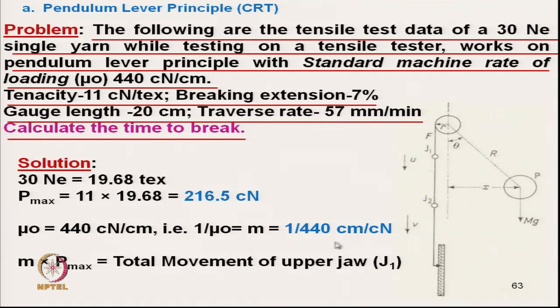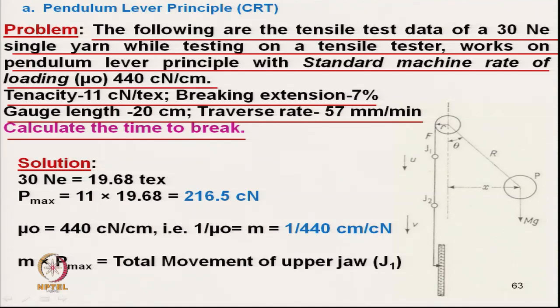What does it mean? Here, the top jaw gives the standard machine rate of loading, because it is the loading per unit movement of the top jaw. So, per unit movement it is the m, and if we multiply by P max, it will give us the total movement of the upper jaw.